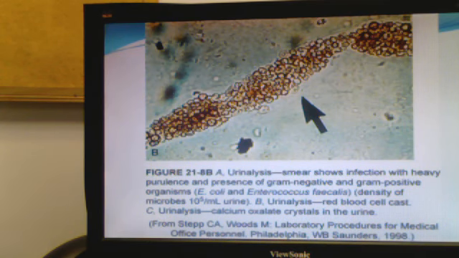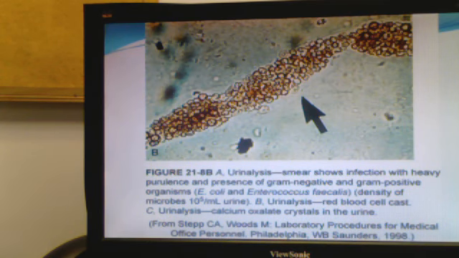And a cast can have red blood cells in it. In this case, it's called a red blood cell cast. Or a cast can have white blood cells in it or bacteria in it. Then we will call it the white blood cell cast or the bacterial cast. Anyway, it's not good when you find those casts in your urine, because that means there's something going on in your renal tubules.